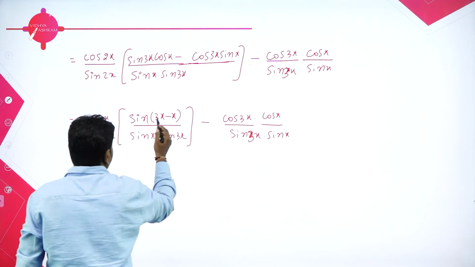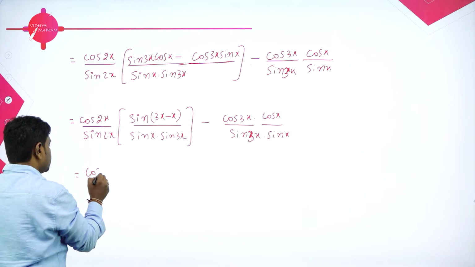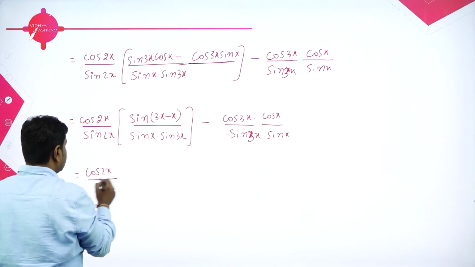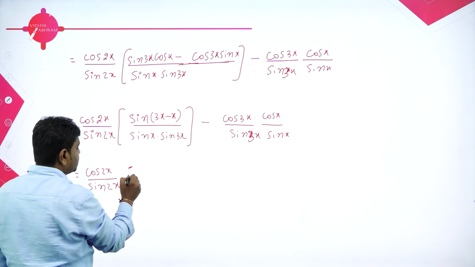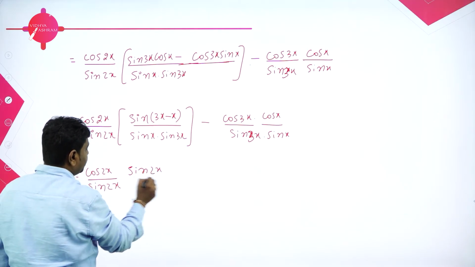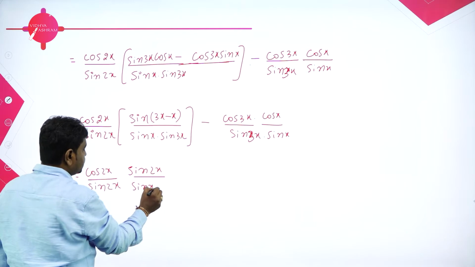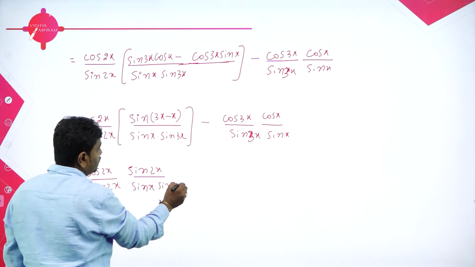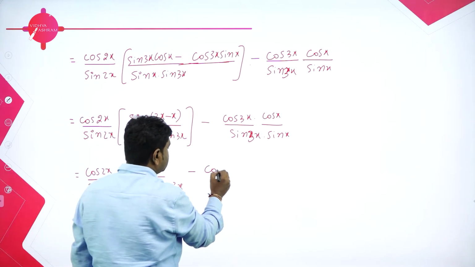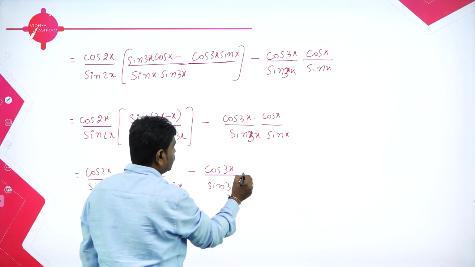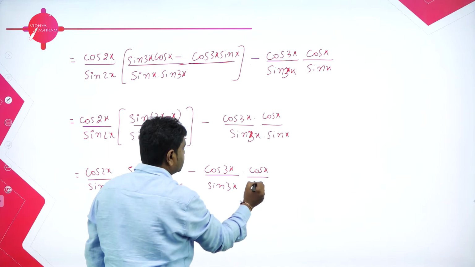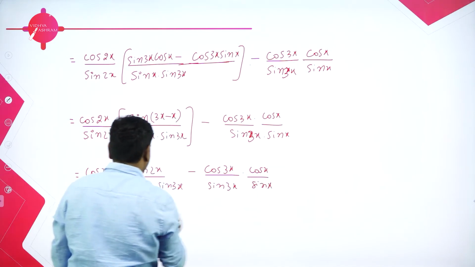Further, in the numerator, sin 3x minus x is sin 2x, divided by sin x into sin 3x. Further, this particular term is cos 3x divided by sin 3x into cos x by sin x. So further you can simplify the terms.